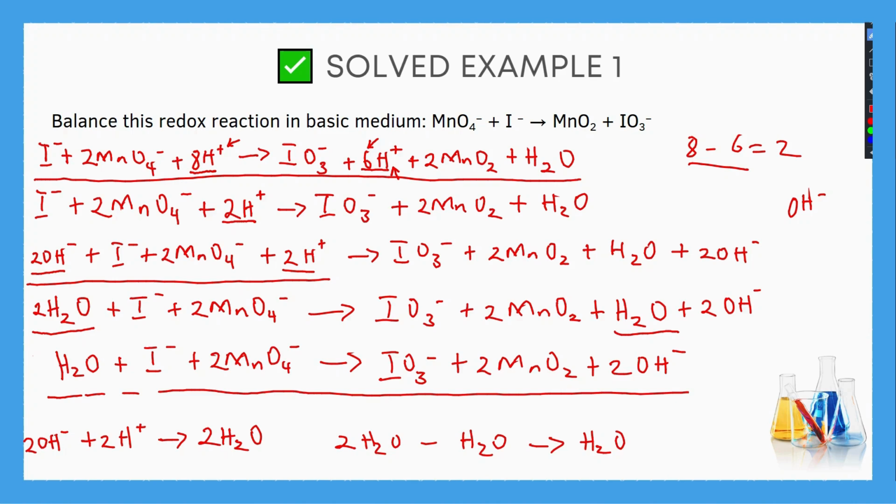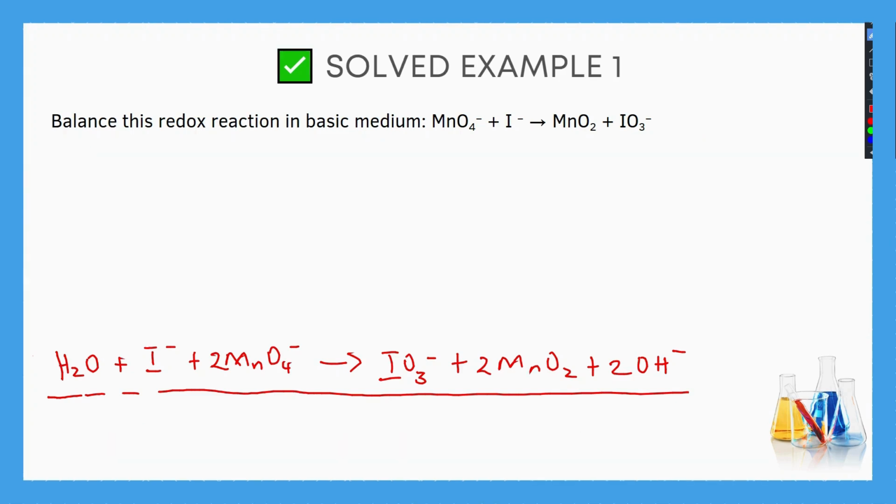This is our final balanced equation in basic medium. If you check at this point, you find out that all the atoms are the same on both sides. For instance, for hydrogen, on the left hand side there are two atoms of hydrogen here. On the right hand side, you'll see there are also two atoms of hydrogen. So hydrogen is balanced.